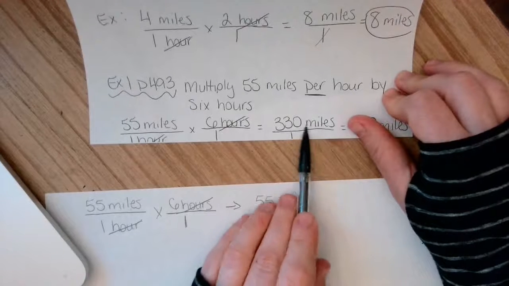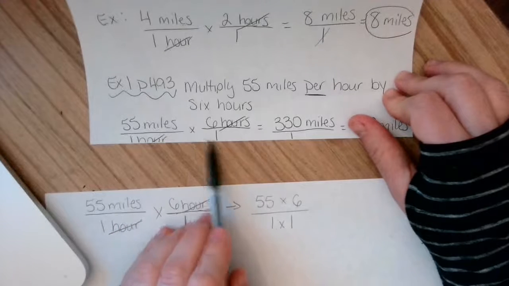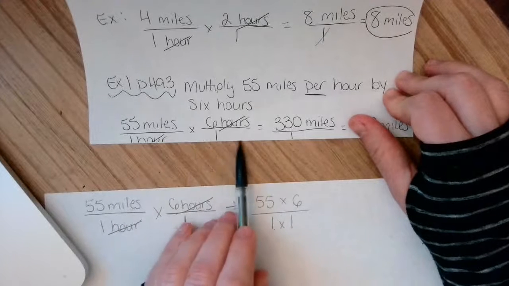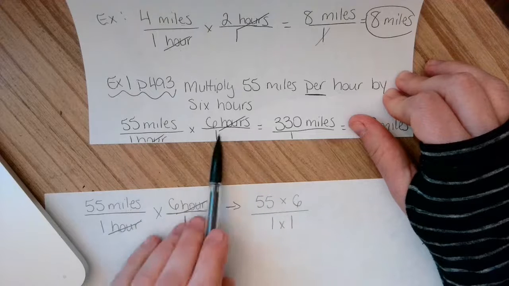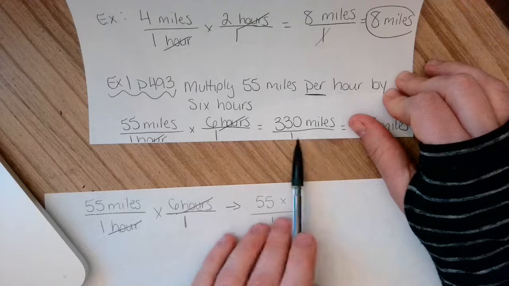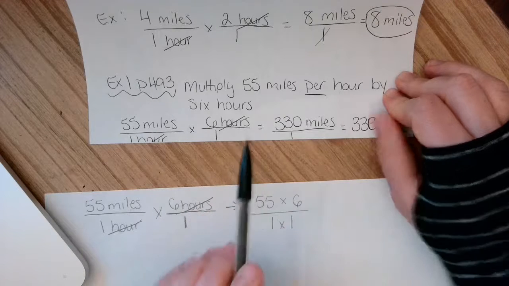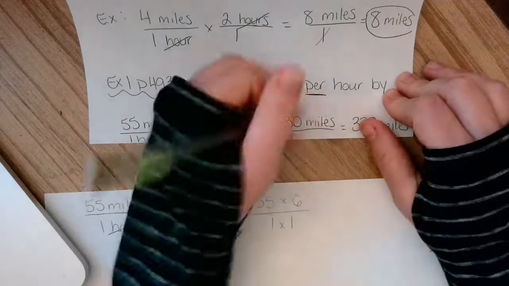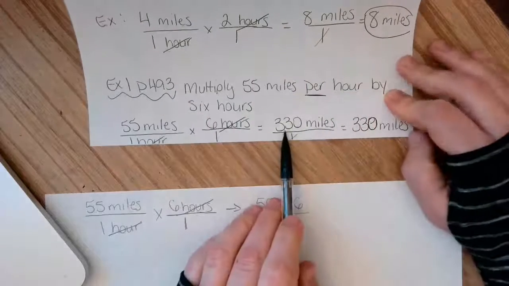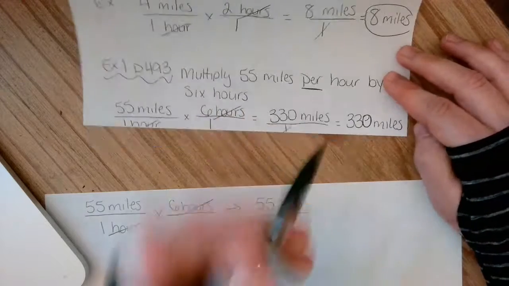And I left miles because miles was not canceled out because there was not another miles down here. 1 times 1 is 1. And there is no unit beside the 1 because hours did cancel out. So then I can get rid of that 1 because I don't need it. So I would just write my answer as 330 miles.